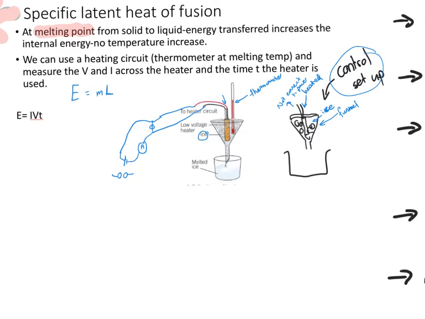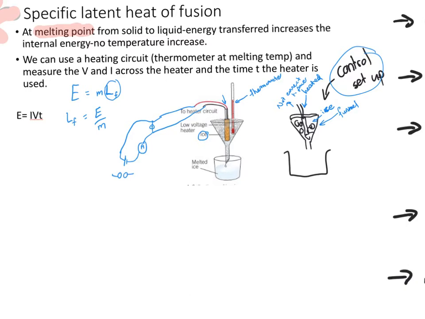So if I want to measure the latent heat of fusion of water or any other substance, I need it to be in solid form first, so ice. And since I'm trying to measure this experimentally, my equation will be E divided by M. So energy measured in joules divided by the mass of the ice.